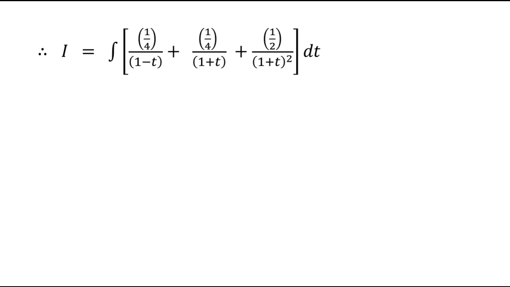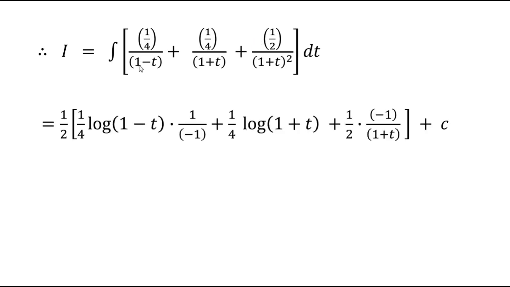Now this 1 by 4 will come outside the integral. First we split into 3 separate integrals. In the first integral, 1 by 4 is a constant, it will come outside. And we have to write integration of 1 upon 1 minus t. So it is log of 1 minus t into 1 upon the coefficient of t.